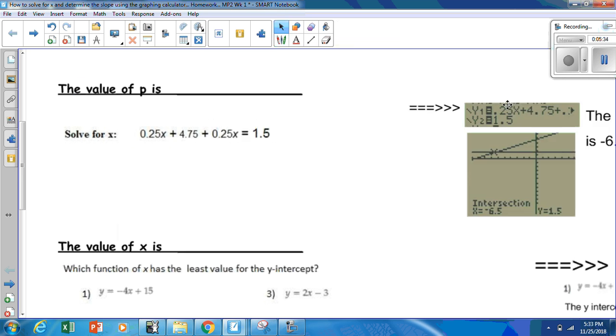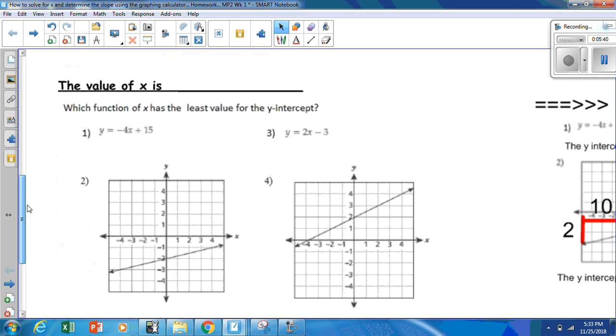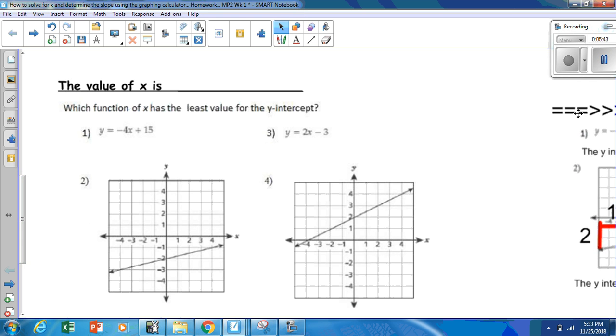Let's take a look at the next question. You're going to read it silently as I read it aloud. And it reads, which function of x has the least value for the y-intercept? So what are we talking about with y-intercept here?